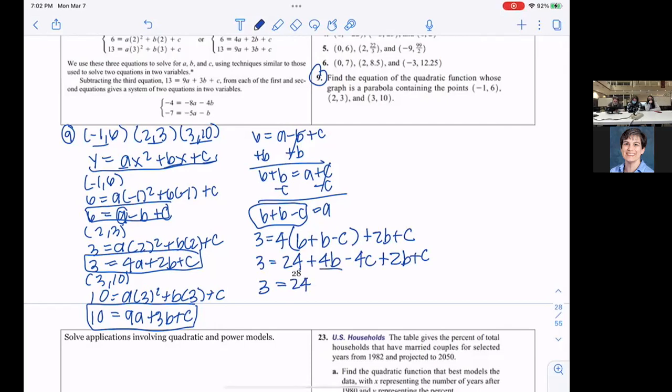And then we're gonna combine like terms. So we have a 4B plus 2B, so we're gonna have a 6B. And then a negative 4C plus C is gonna give us a negative 3C.